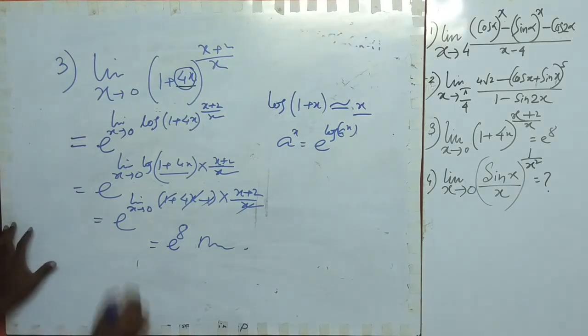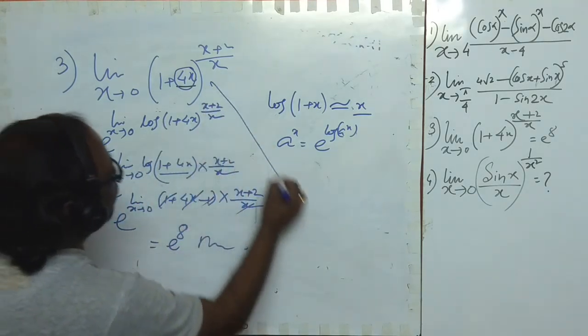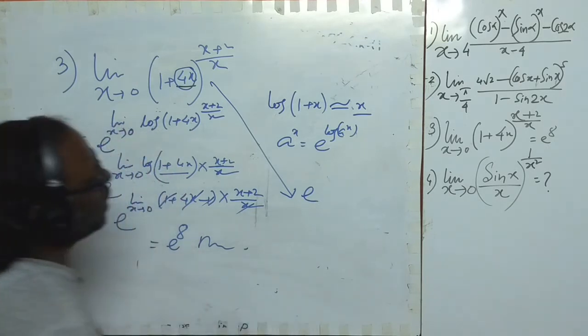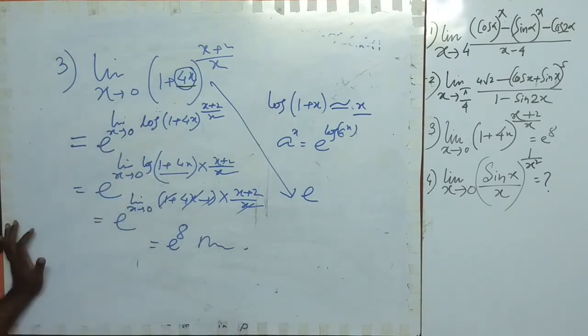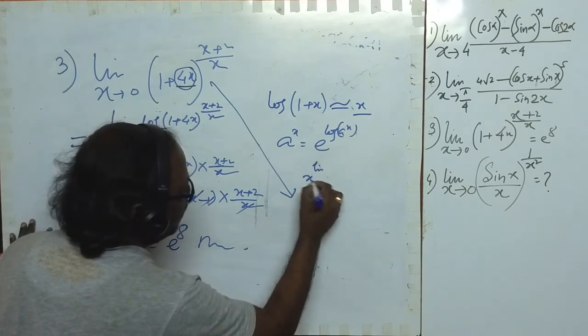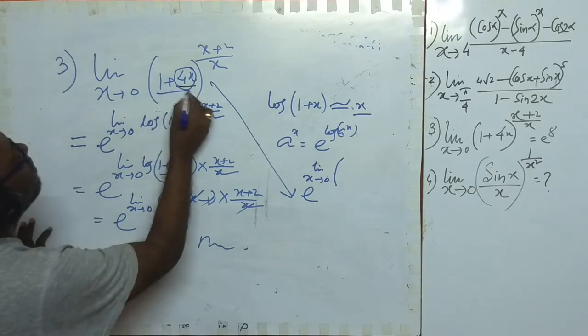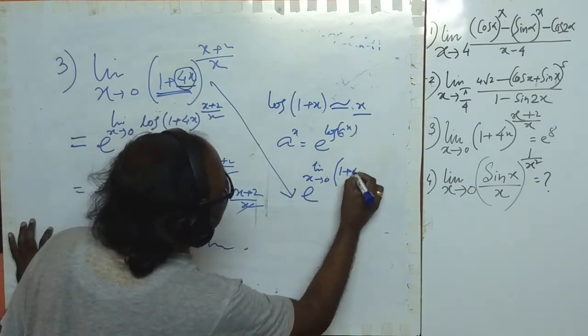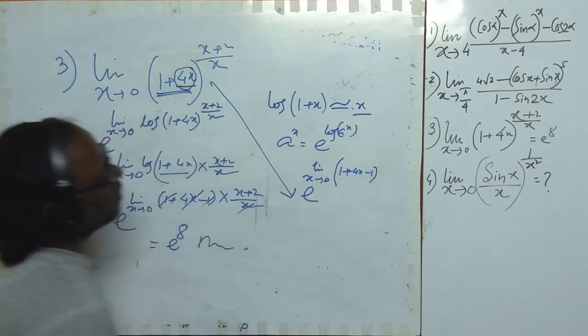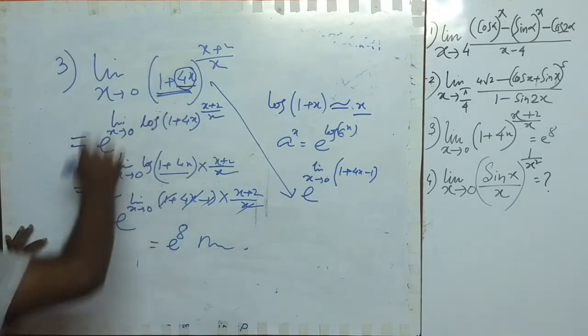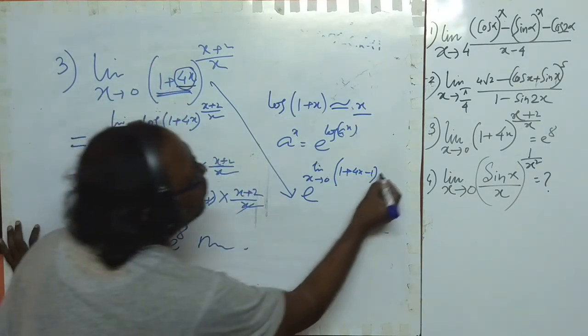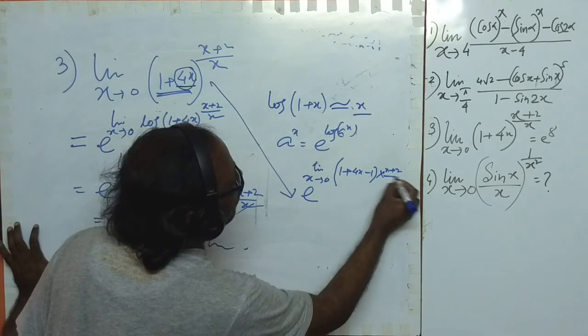Okay, I mean to say, this is the method: e to the power, only e to the power, if it is written as variable to the variable, and the limit tends to 0, then always the value that comes here is (4x minus 1) into that value (x plus 2) by x.